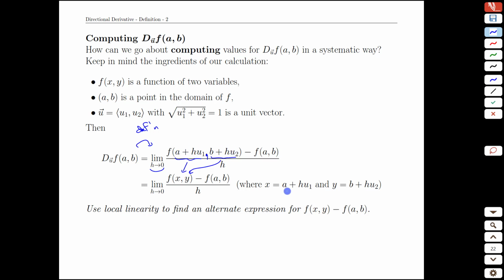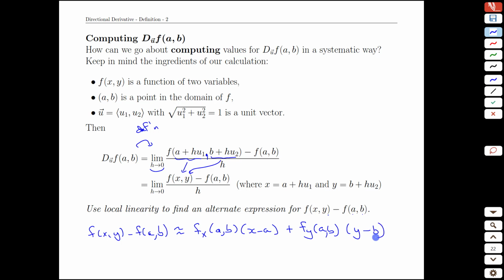Let's go for it. Now we can take advantage of some of our earlier work with local linearity, which gets into the difference between the function at some point near another location. Well, that's perfect. f of x, y minus f of a, b is going to be approximately equal to, going back to our linearization formulas, the x slope at the point a, b times x minus a plus the y slope at a, b times y minus b.